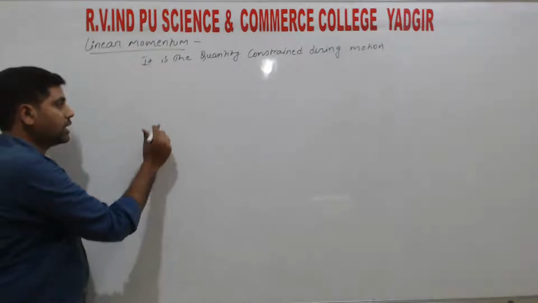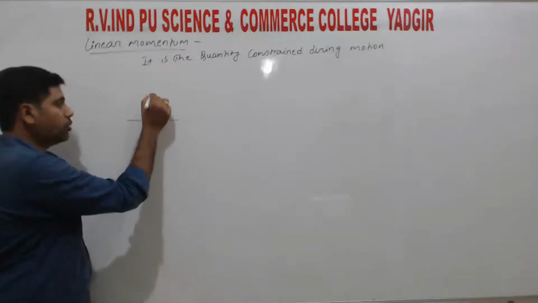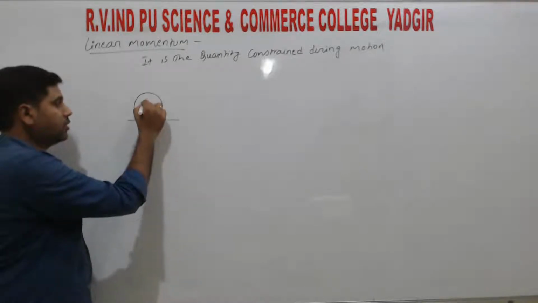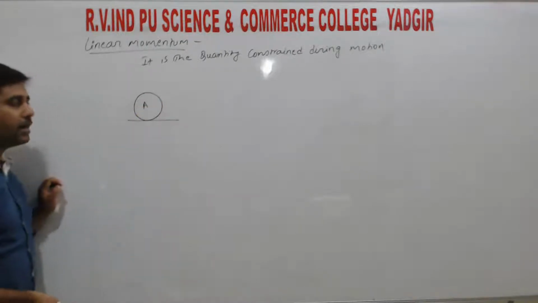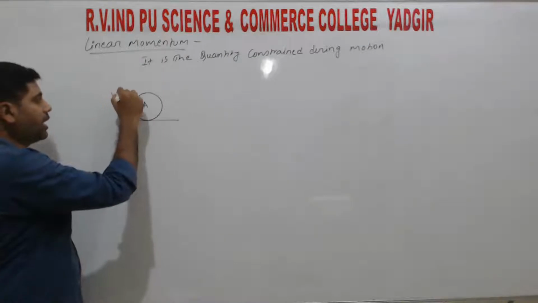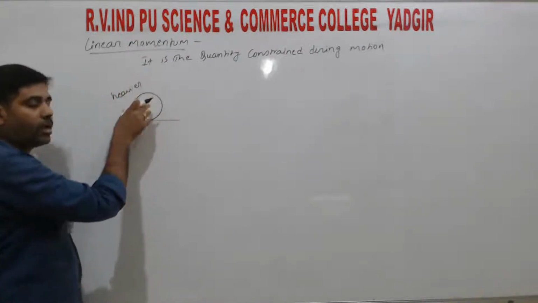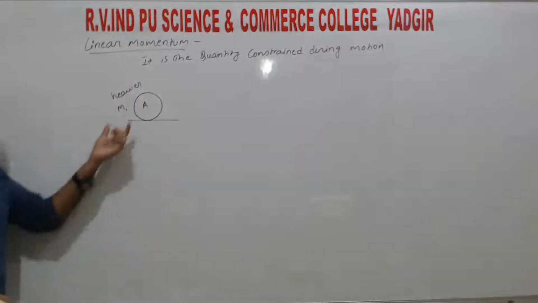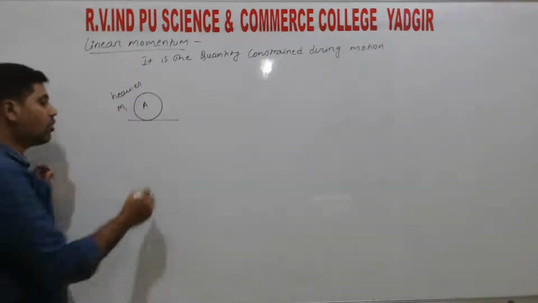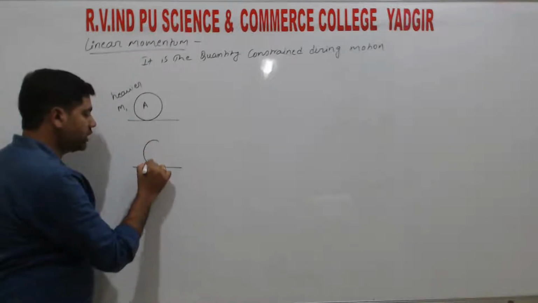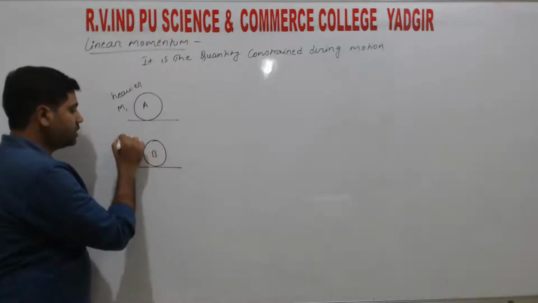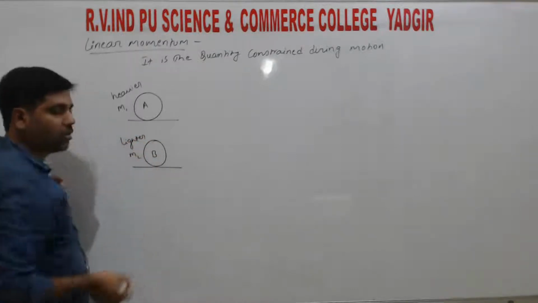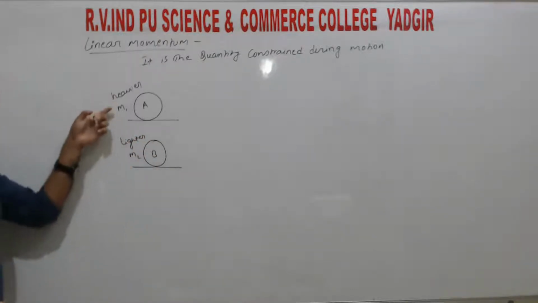So that we call momentum or linear momentum, right? For that, consider two objects. One object, call it A, is heavier. Heavier means its mass is larger. And consider one more object B, which is lighter, meaning its mass is less compared to the heavier one.